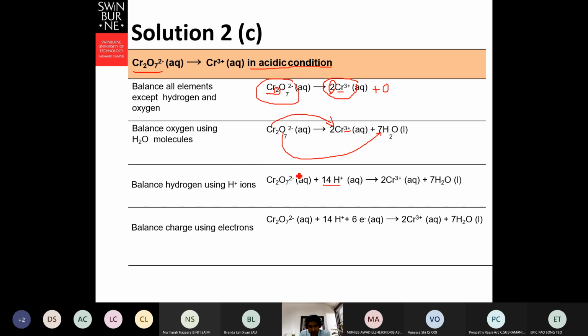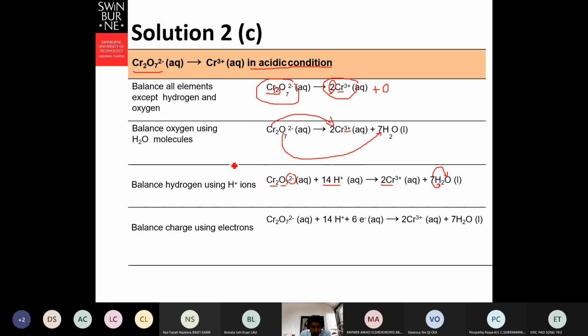So this thing is added, and now I see that all the atoms are balanced. 2 chromium here, 7 oxygen here, 14 hydrogen here, 2 chromium, 7 oxygen here, and 7 times 2, 14 hydrogen is there. So it should be okay, no problem. The atoms are cleared. Now we have to think about the charges.